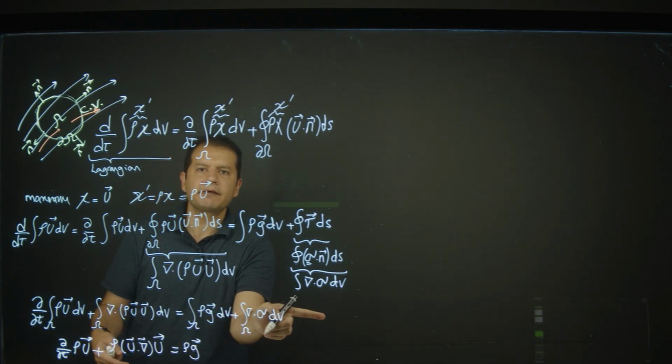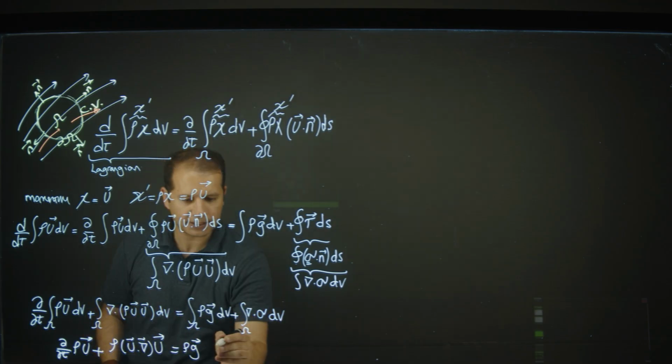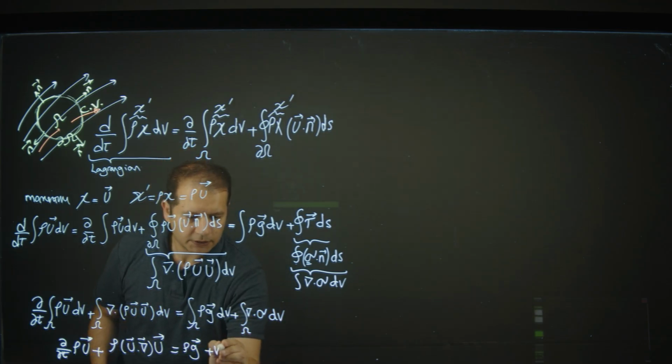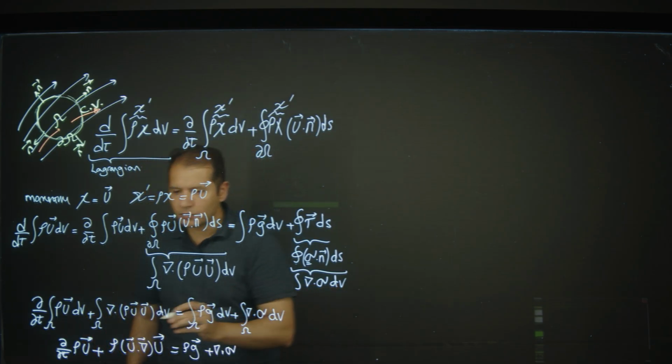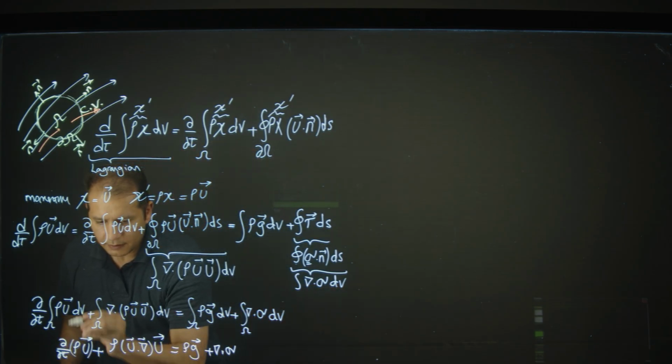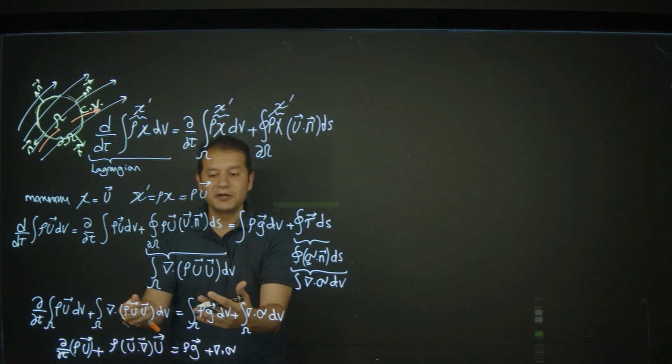If you're writing in the x direction, g is 0. If you're writing in the z direction, g has a value, so you consider that. So that's a vector, plus divergence of a stress. Fantastic. This is the most basic elementary way of writing force balance and momentum balance for a fluid stream.